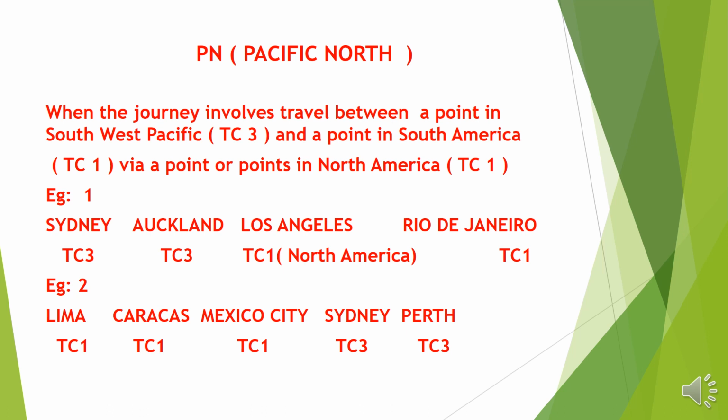So here the journey originates in South America and is destined to Perth, which is in Southwest Pacific, and the passenger travels via a point in North America, which is Mexico City. It's in North America, and hence the definition PN as a global indicator is used for this journey.